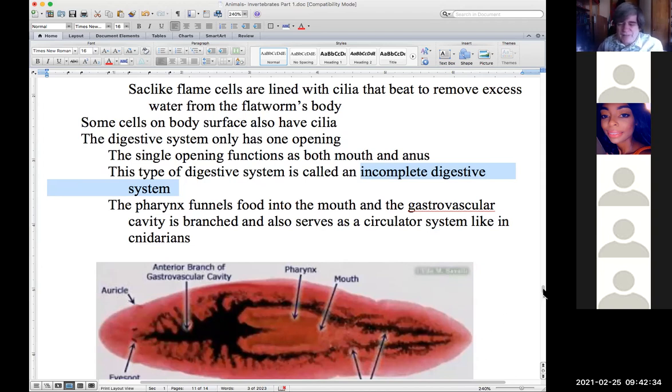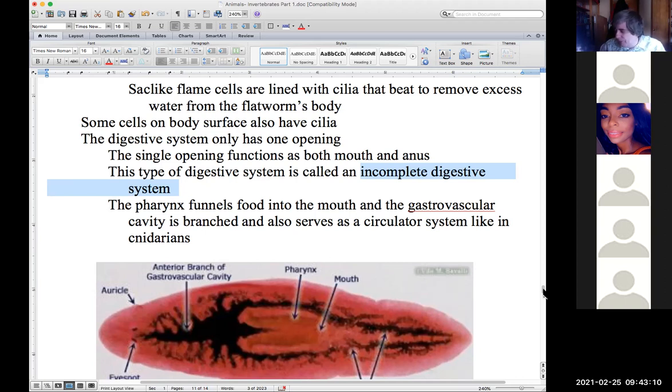Now notice, having a digestive system that only has one opening is kind of a disadvantage. You know, if you think about it in nature, one problem that most living organisms have, most animals, is getting enough food. If you have a digestive system with only one opening, you have to stop eating every once in a while. Because any organism, when it eats food, there are certain parts of the food that it can't digest, that it can't break down into nutrients and absorb into its body.